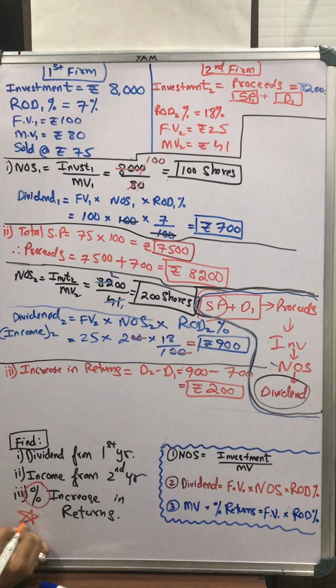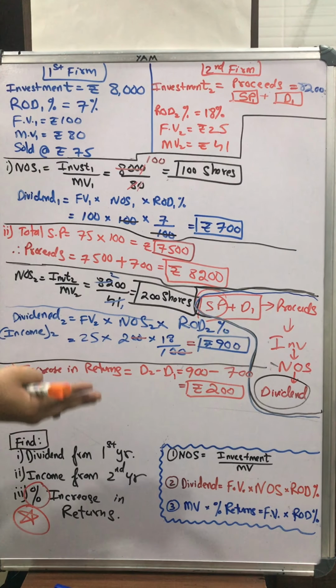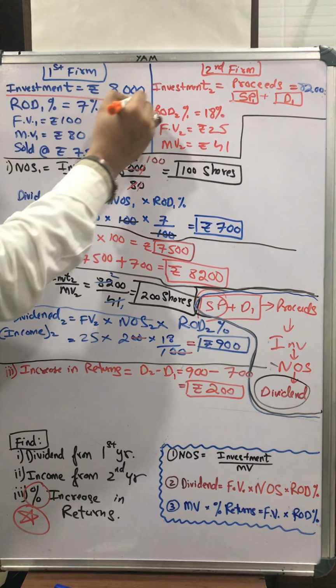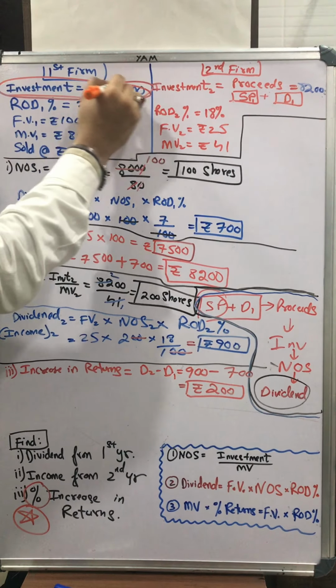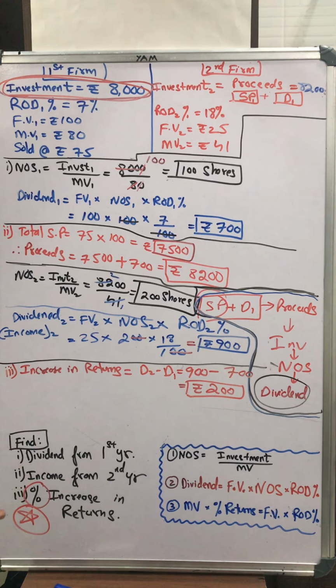But we need to find percentage, and percentage is always calculated by comparing it with the original investment. Please mark my words. Percentage is always calculated by comparing with the original investment. What was our original investment? We started our sum with the investment of rupees 8,000. So now I need to find percentage.